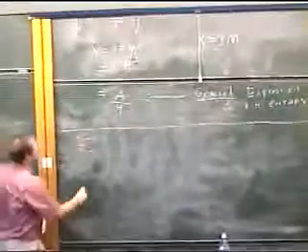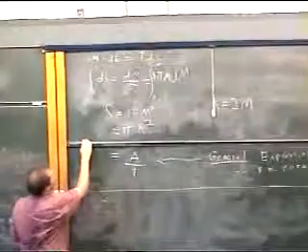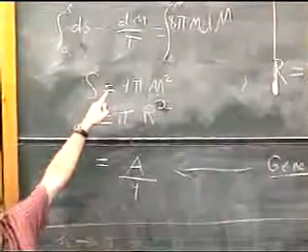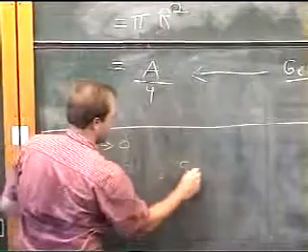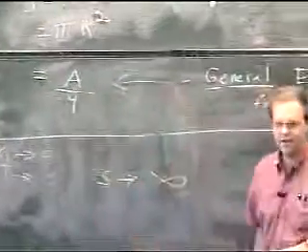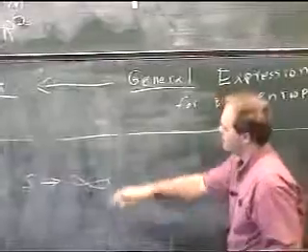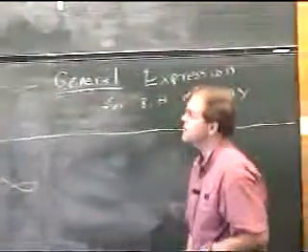The second thing that happens, which you can actually guess from the first one, is that S involves 1 over T. So if T is going to 0 in the classical limit, you would expect that the entropy goes to infinity. So there are h bars hidden in this expression, in the denominator, such that as h bar goes to 0, the entropy becomes infinite.